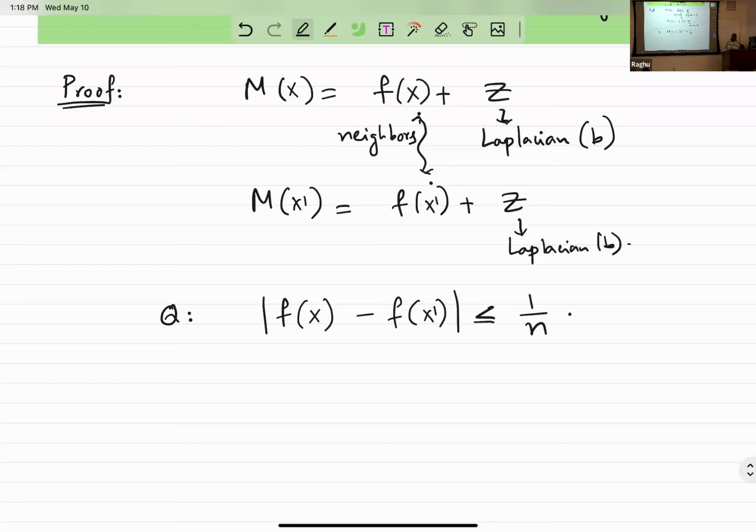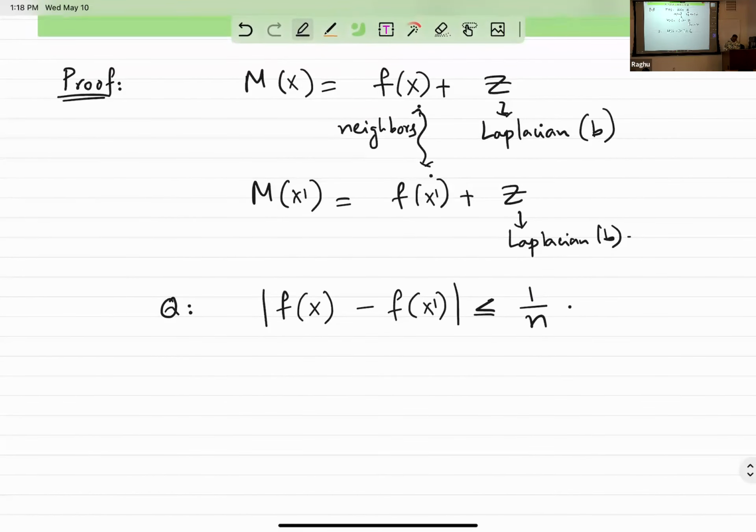You're differing in one coordinate, so the gap is going to be at most 1, but then you're taking the average, so the average is only going to differ by 1/n. So in some sense, that's why bigger databases give us better privacy, because when I change one, the answer doesn't change as much.